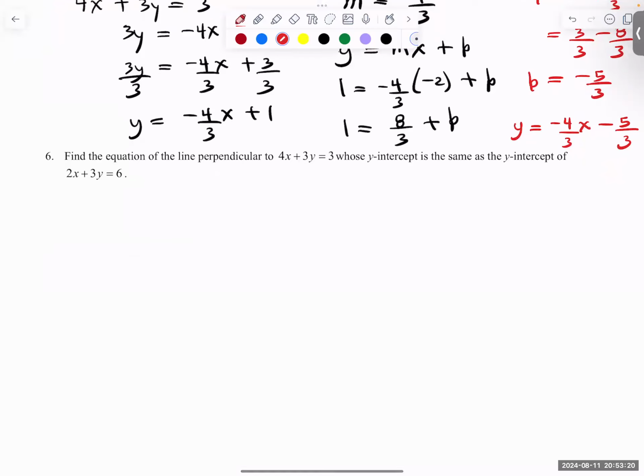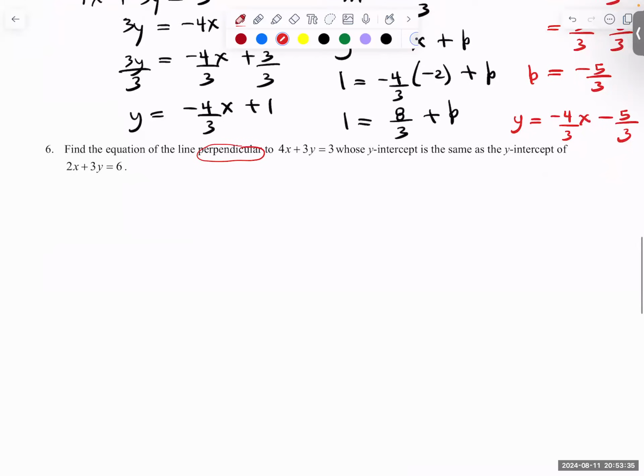Find the equation of the line perpendicular to the given line whose y-intercept is the same as the y-intercept of 2x plus 3y equals 6. So first part, let's determine the slope of the line perpendicular by solving the first given equation for y, so we can get it in slope-intercept form.